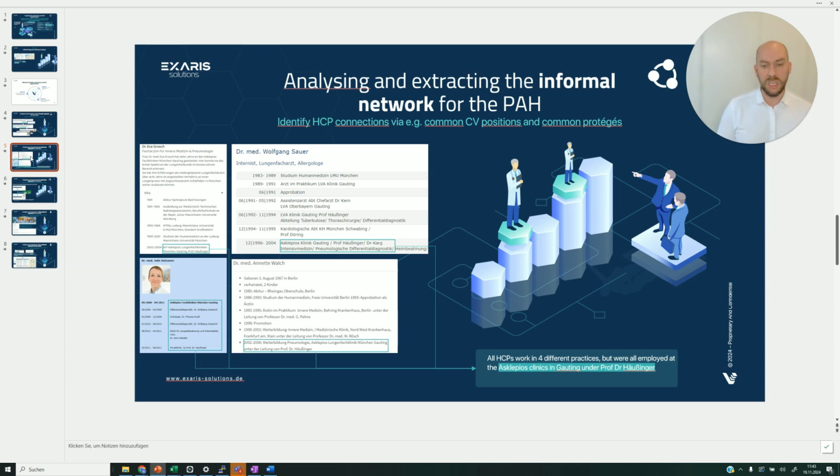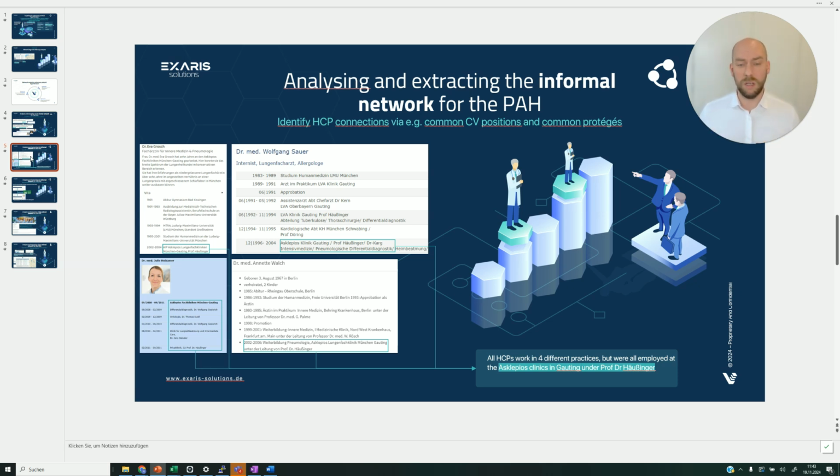And as you see here, those physicians are relevant in the topic of pulmonary diseases, and every one of them worked in the same clinic with the same protégé, whose name is Professor Dr. Heusinger. And this connection is only extractable with AI.